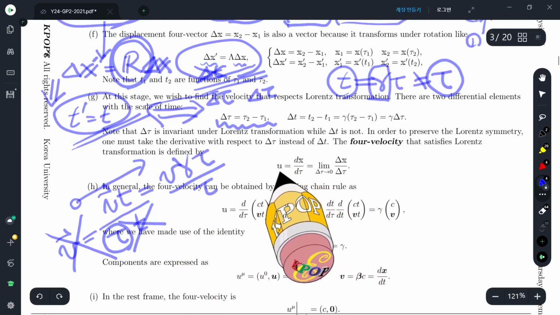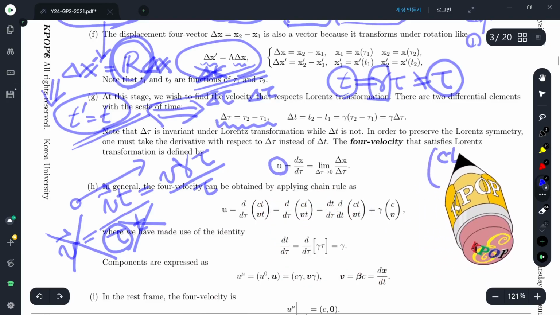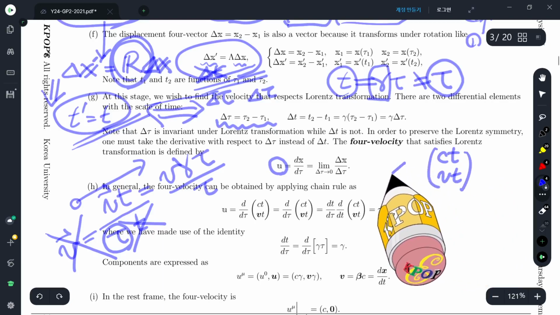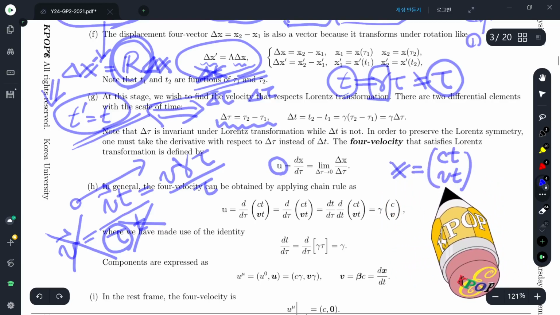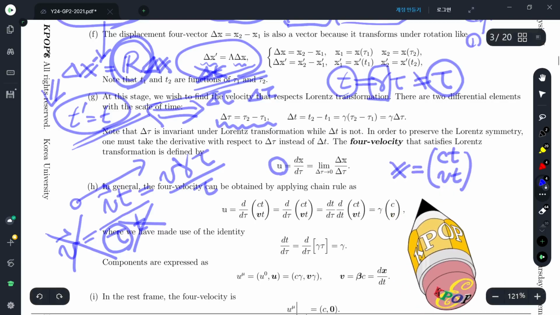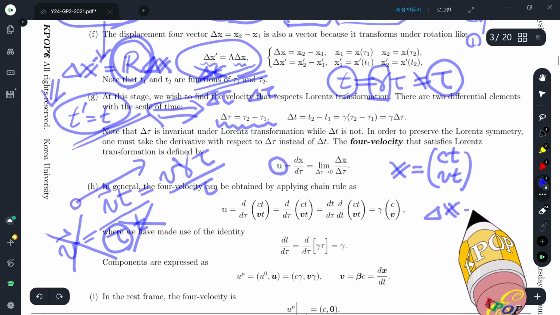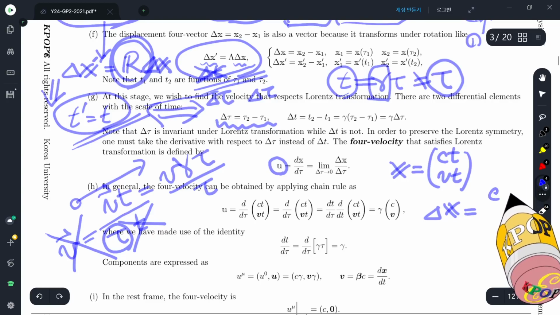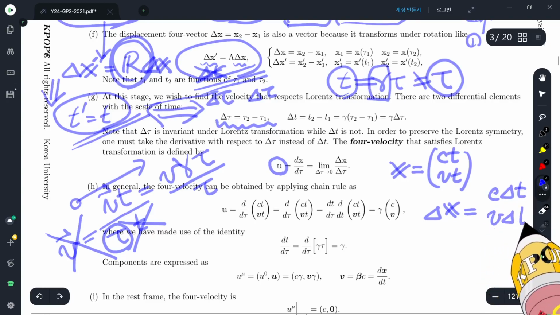So we introduce a vector. This is c t, v t, the column matrix representation for a column vector representing the 4 displacement. Delta x versus c delta t and v delta t.